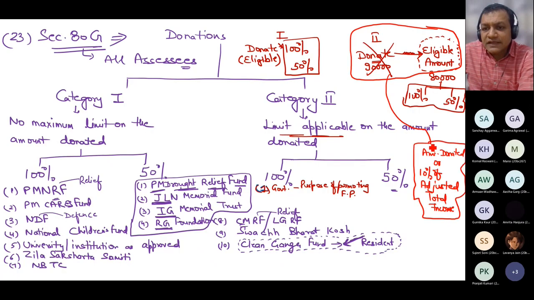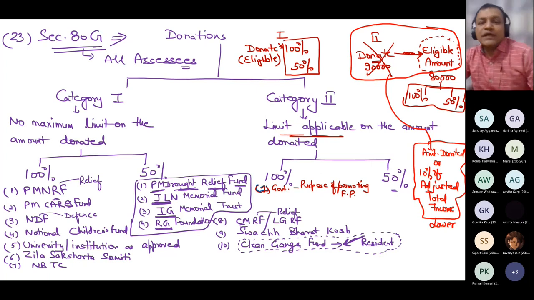I will discuss this in detail again, but let me give you a small idea. In category 1, there is no problem. Whatever you donate is eligible. You have to simply multiply it by 100 or 50. It is very easy. There is no problem in category 1. Category 2 is also easy, but little bit technical. In category 2, whatever you donated might not be exactly eligible. How do you know whether that is eligible or not?